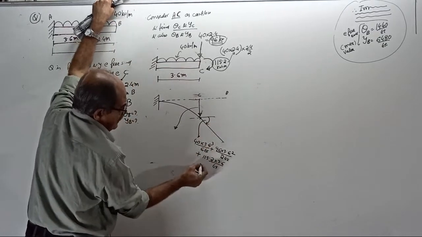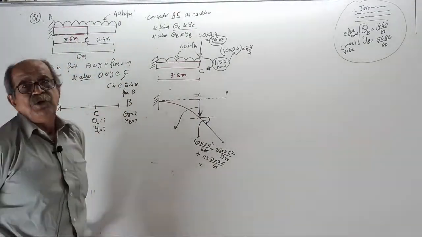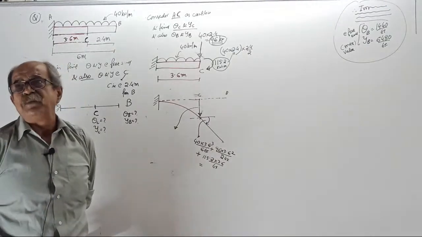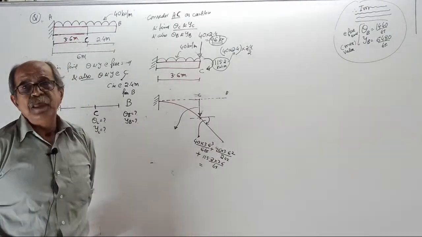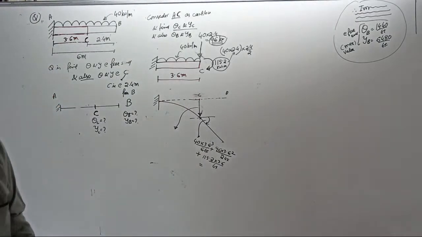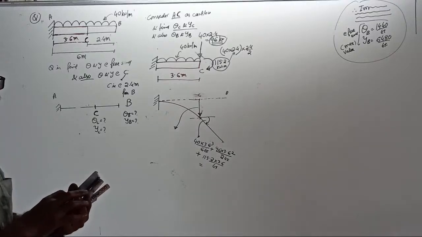Tell me the answer. For UDL, WL cube by 6 EI, for point load, WL square by 2 EI, for couple, ML by EI. First answer. Do not give a wrong answer. Give the perfect answer.